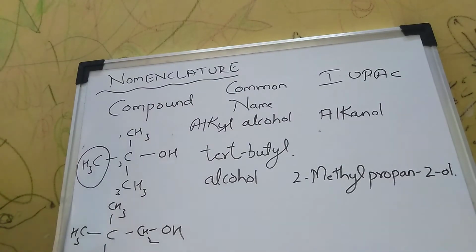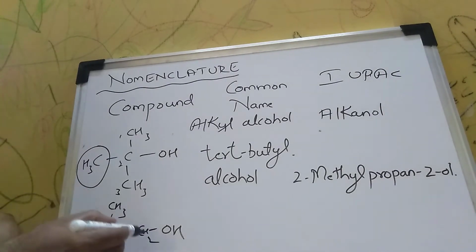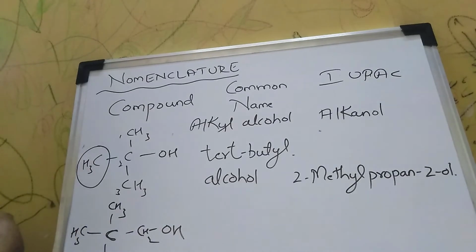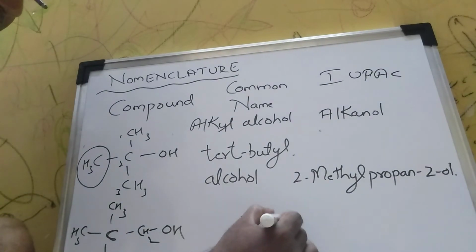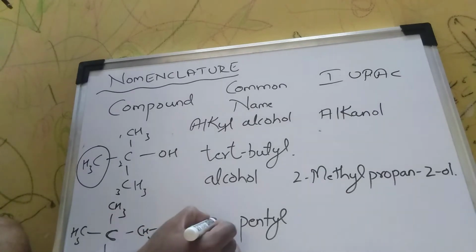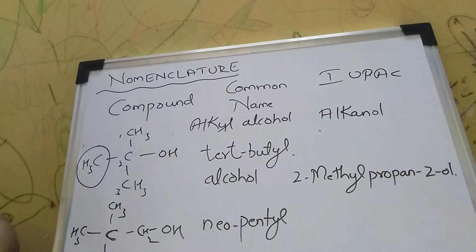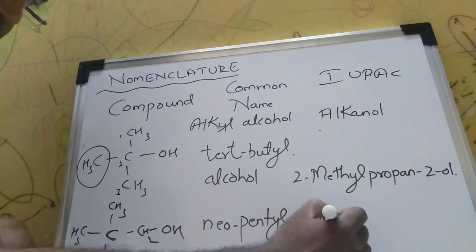Then one carbon atom is attached to 4 different carbon atoms. 1, 2, 3, 4. And in total they are 5. 5 means pentyl. But this carbon atom will be termed as neo. One carbon atom attached to 4 different carbon atoms. Neopentyl alcohol.